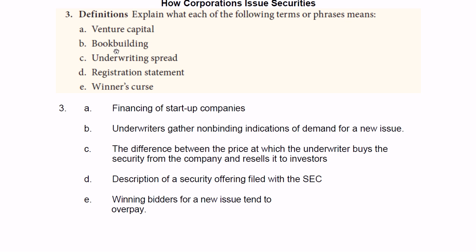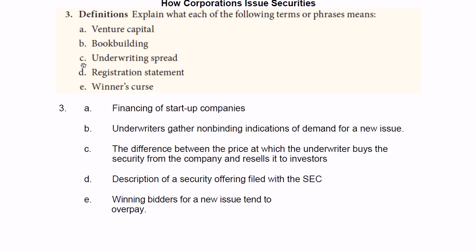When we say the underwriters are building a book, it's actually not a book, it's an order book. It's actually the documentation of the intended demand from the potential buyers.